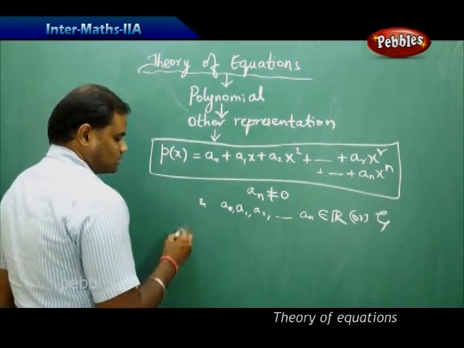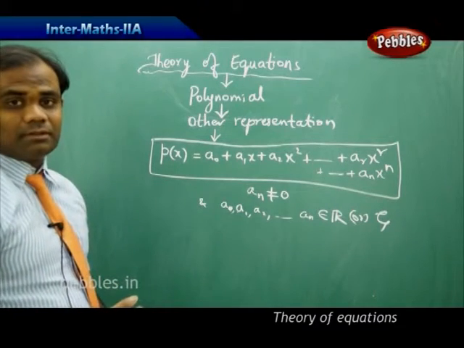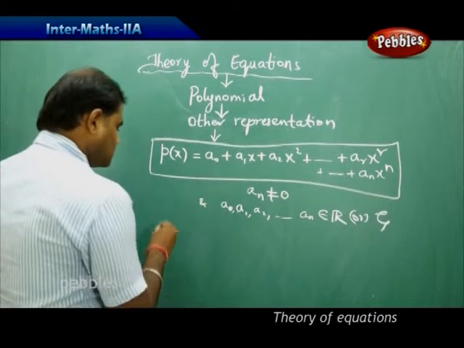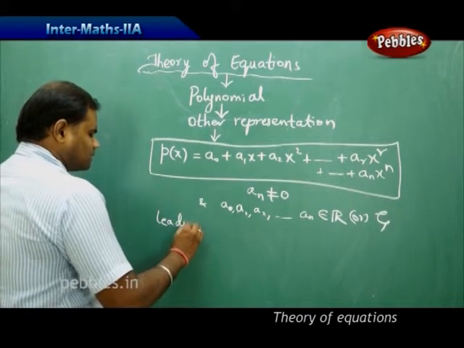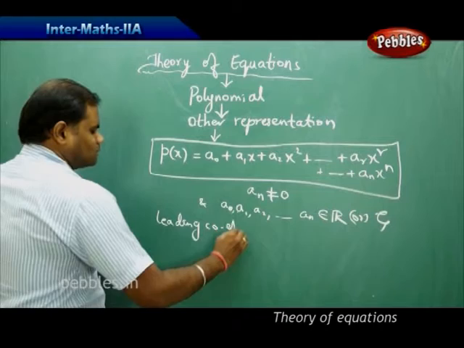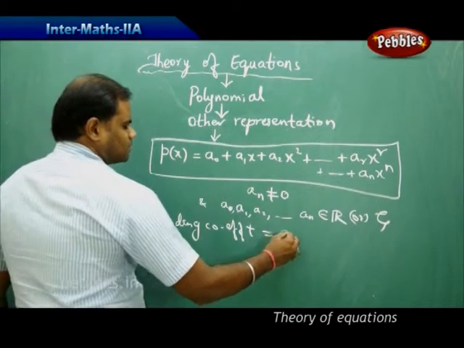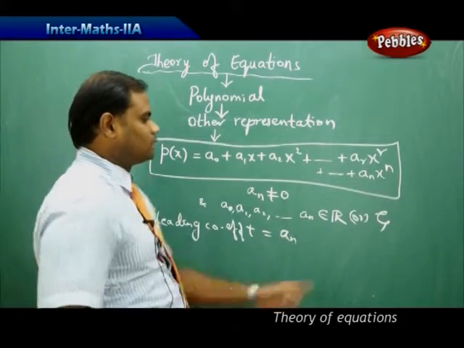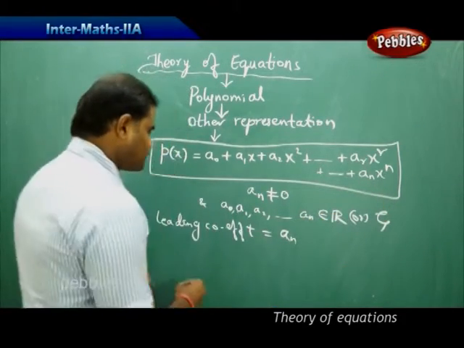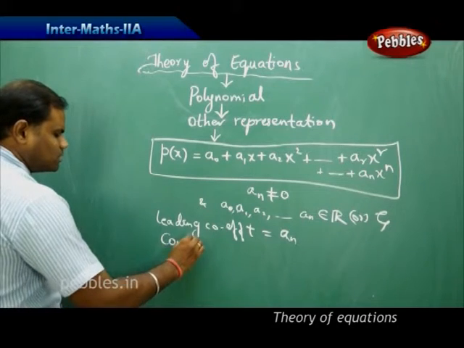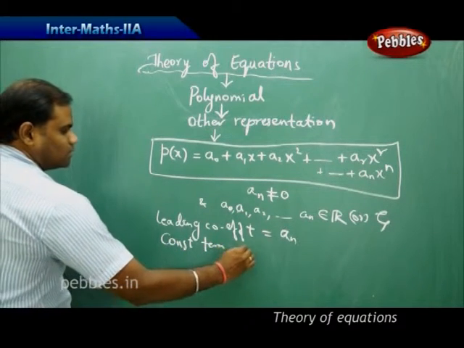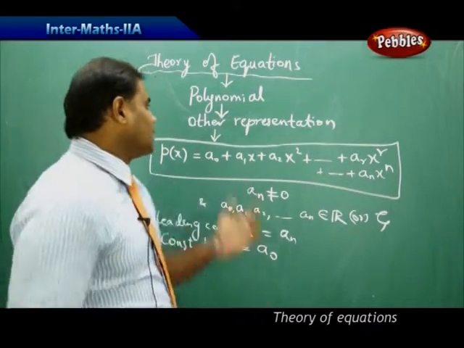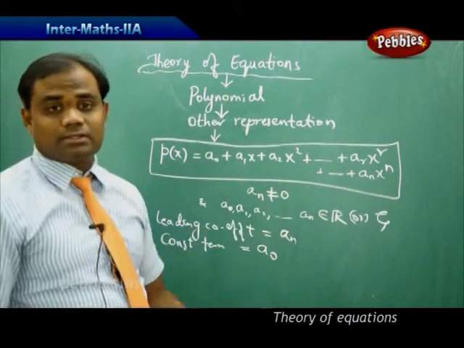But in this case the leading coefficient is an, because the leading coefficient is the one which comes from x power n, therefore an is the leading coefficient, and my constant term or absolute term is a naught, is how we identify it through the other representation of a polynomial.